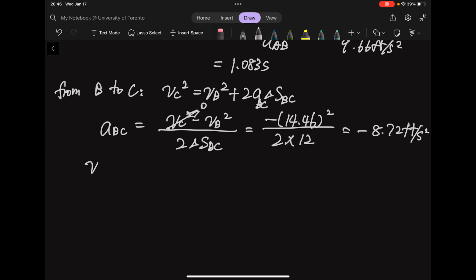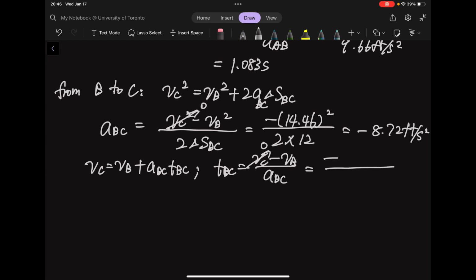Another equation, Vc is equal to Vb plus At. TBC is equal to Vc minus Vb divided by A. Vc is equal to 0. So TBC is negative 14.46 feet per second over negative 8.72 feet per second squared, which is equal to 1.659 seconds.